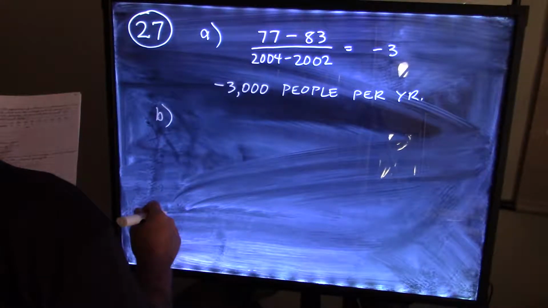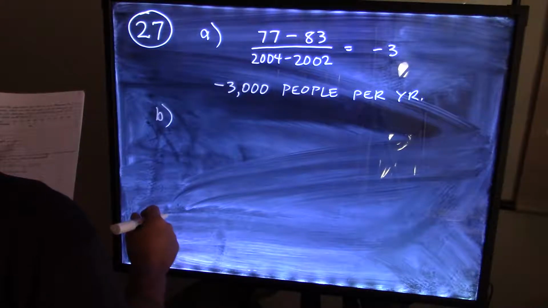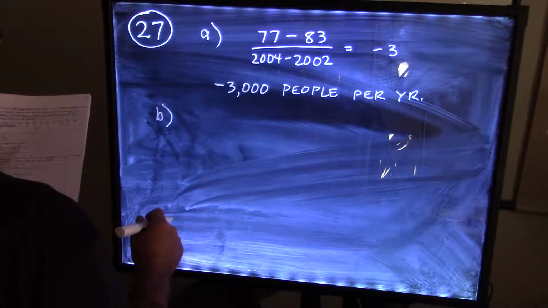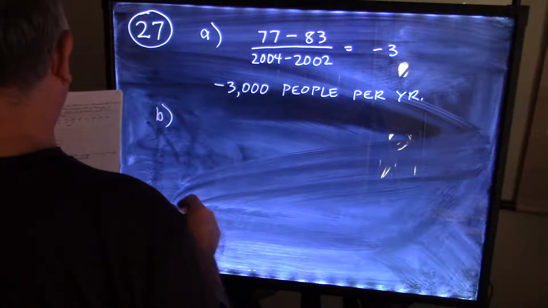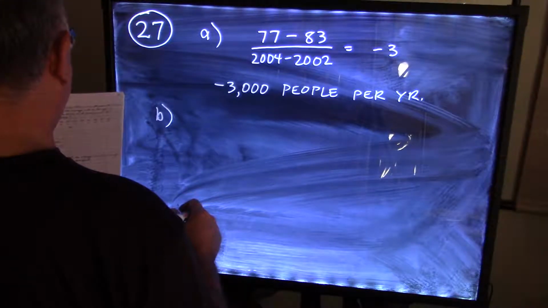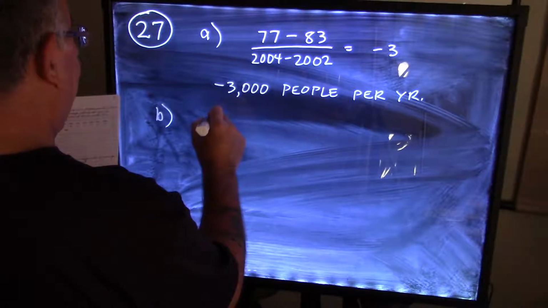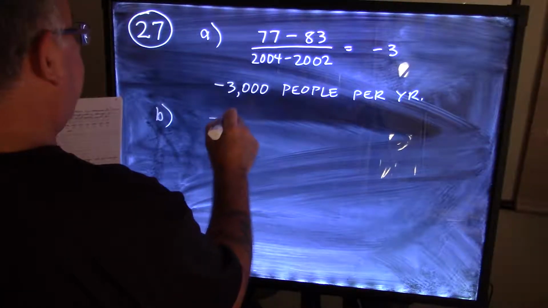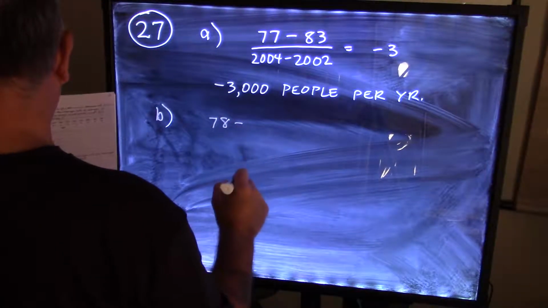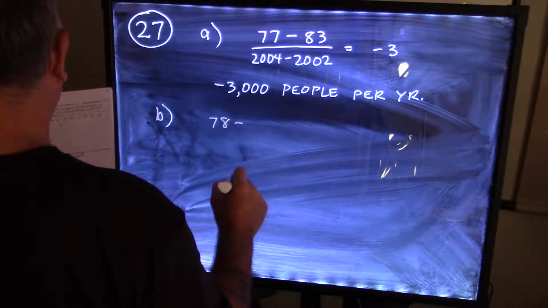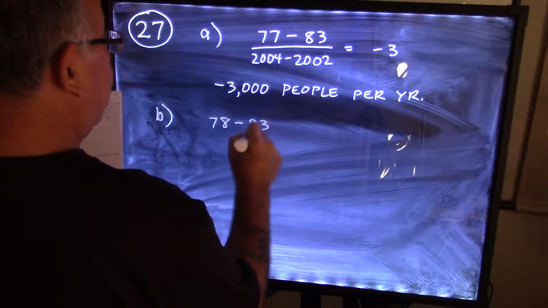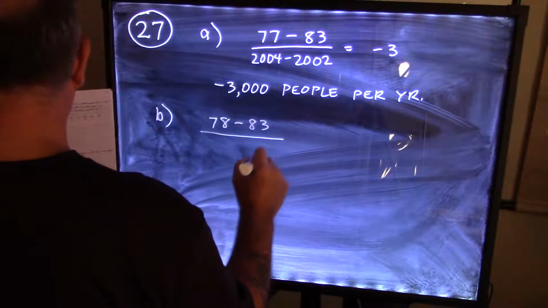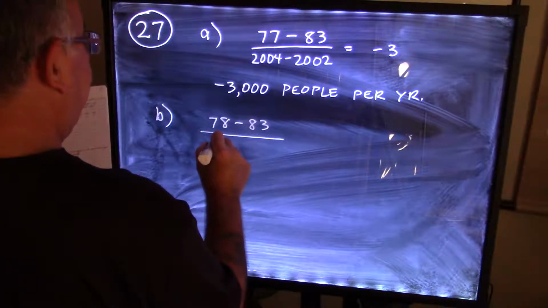So part B. Again, we've got 2002 and 2006, so x2 is 2006 and x1 is 2002. What's the population in 2006? That would be 78, so there's your f of x2, 78, minus f of x1. The population in 2002 is 83, so f of x1 is 83, over 2006 minus 2002.